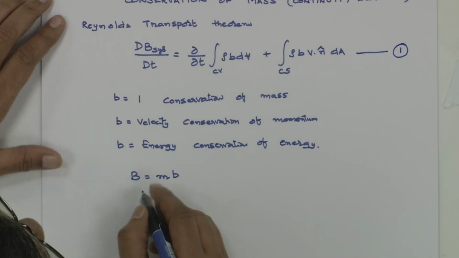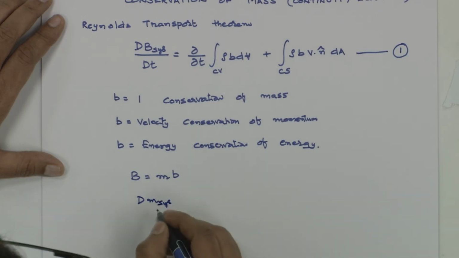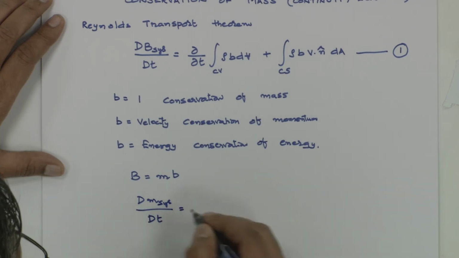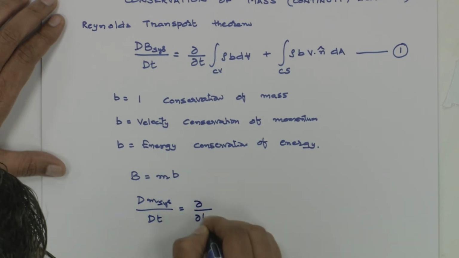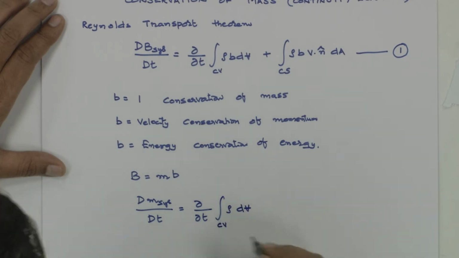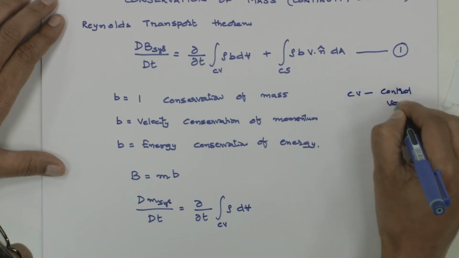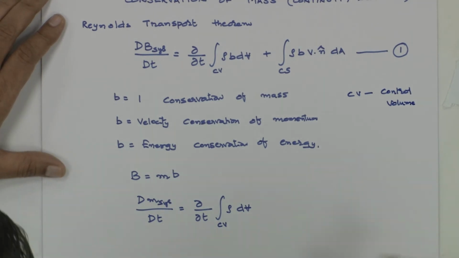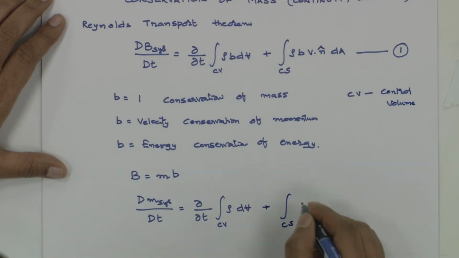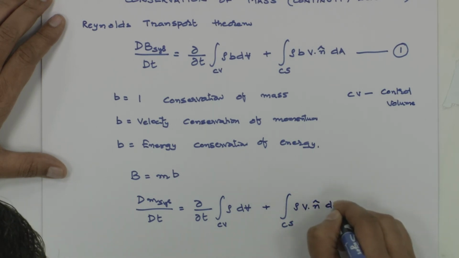dm system divided by dt is equal to del by del t of the integral over CV of rho dV, where CV stands for control volume, plus the integral over CS of rho V dot n dA.